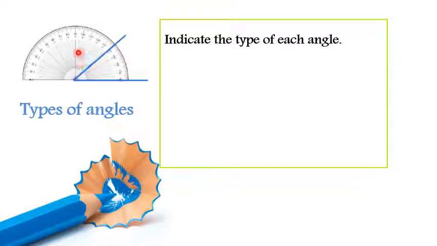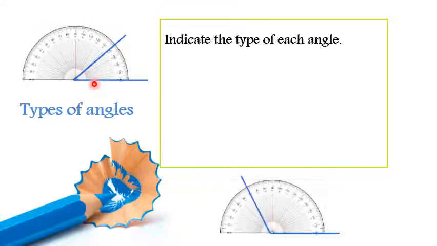Okay, if it's less than 90 degree here, like the figure shown, it's an acute angle. If it's greater than 90 degree, I'm talking about an obtuse angle, and we know that the straight angle is formed when we have 180 degrees.